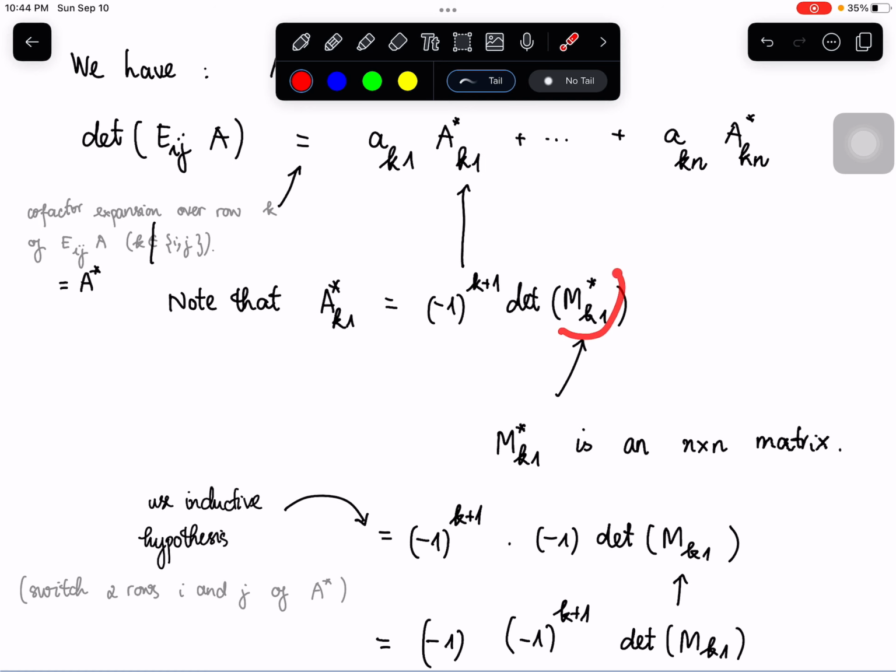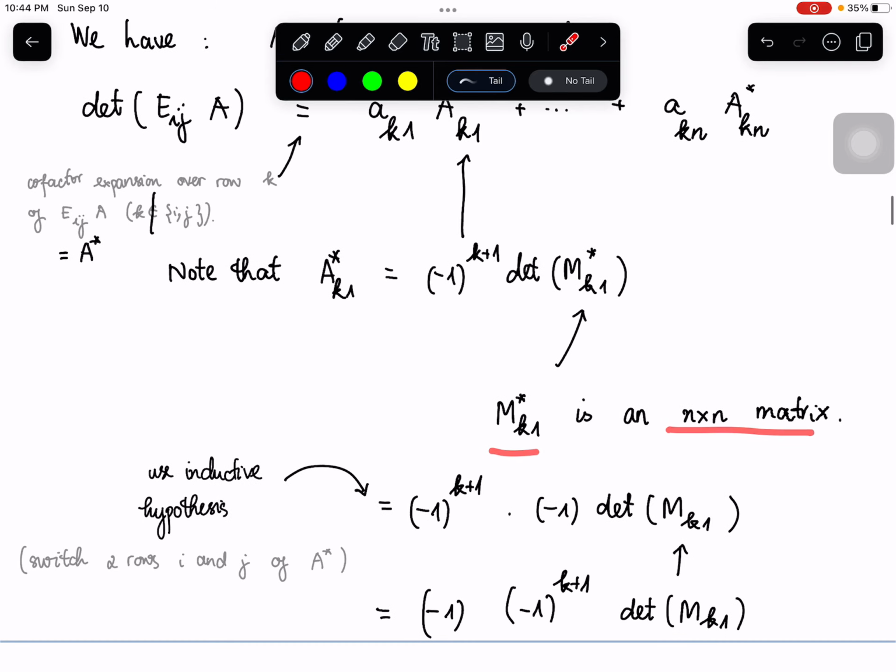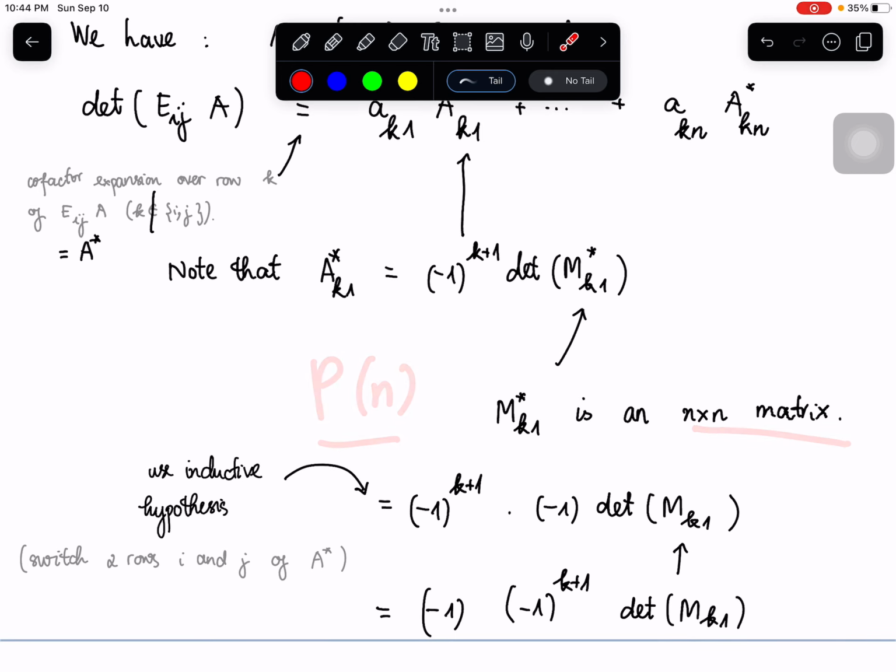What is this matrix? It is the matrix A star with row k and column 1 deleted. So this is an n by n matrix, and by the inductive hypothesis, Pn is true because it is true for all n by n matrices. So it's true for Mk1 star.